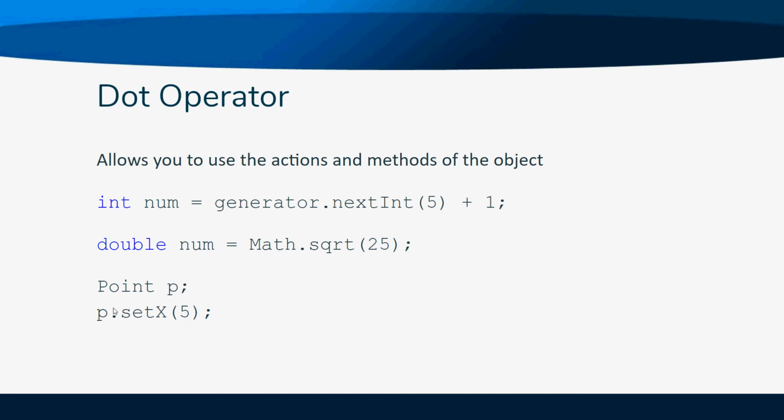We could use a setter using our dot operator. We would say our point was called p. I could say p dot set x and then give it 5. So the x value of our point would now be set to 5 with the incoming formal parameter.